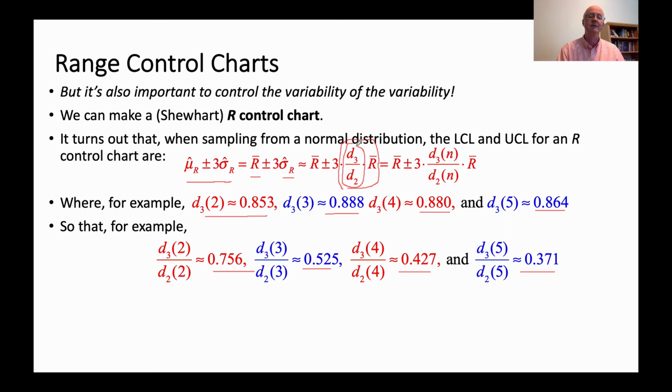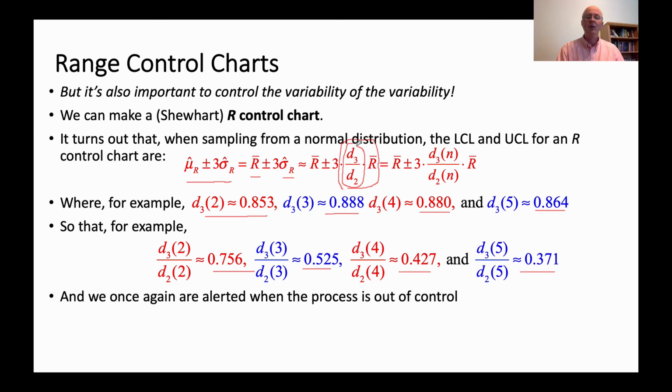That makes intuitive sense. And once again, we're alerted to the process being out of control if the observed value of R, the range based on a certain sample of size n, is outside the LCL and UCL control limits. Oftentimes, like I mentioned at the beginning, we actually use 0 for the lower control limit, because sometimes with this formula, when you do the minus, you actually get a negative number.